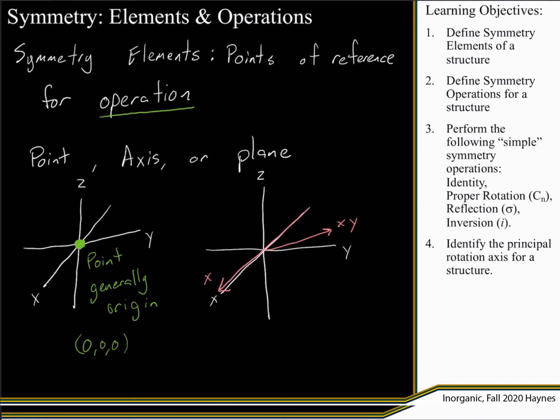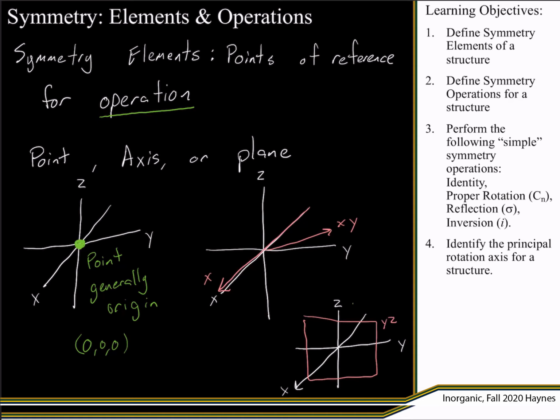And lastly, a plane. A plane is defined by two axes, right? So again, if we have our X, Y, and Z coordinates and we were going to draw a plane, we could draw our plane, in this case being the YZ plane.